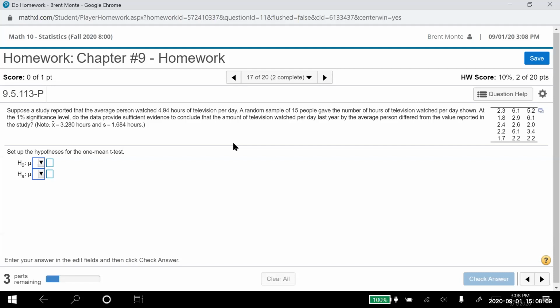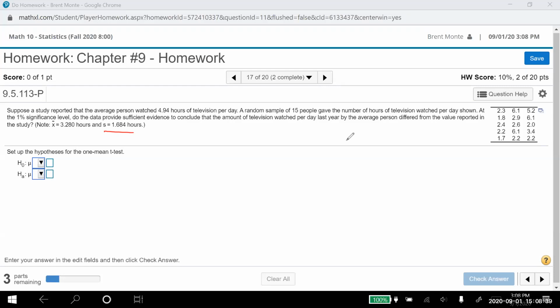Now, again, why aren't we using the z-test this time? We don't have the population standard deviation. We just have the sample standard deviation s. So we're going to use s to approximate the population standard deviation sigma, which is why we have to use t instead of z.